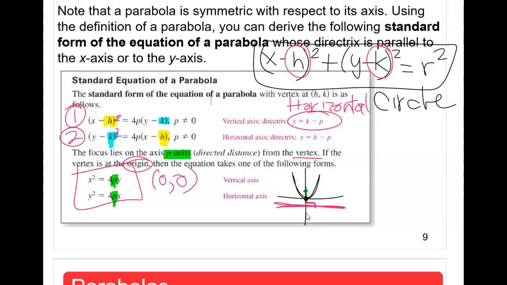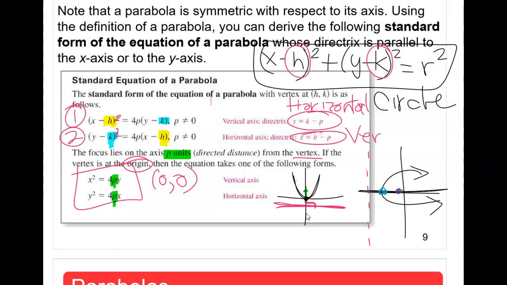Now, if you have the other type of parabola, the ones that open sideways, something like that, the vertex will be here. The focus might be here, and then the directrix is going to be right here. So that line is a vertical line, and it's going to have the equation x equals a number.